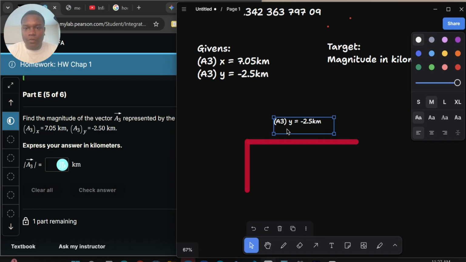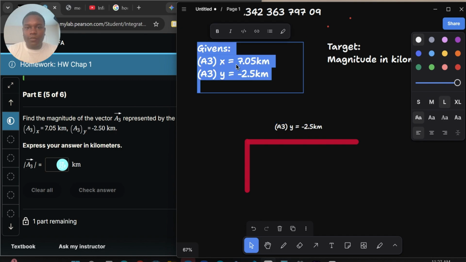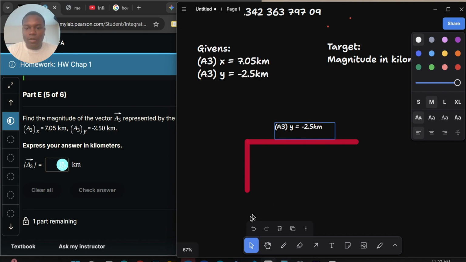You have negative 2.5. That's actually the y component, and you have 7.05.